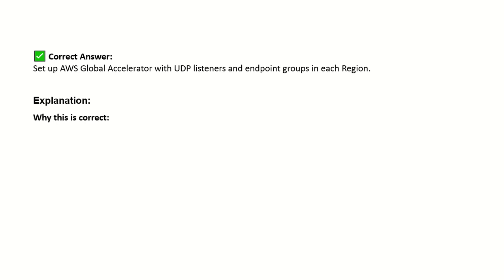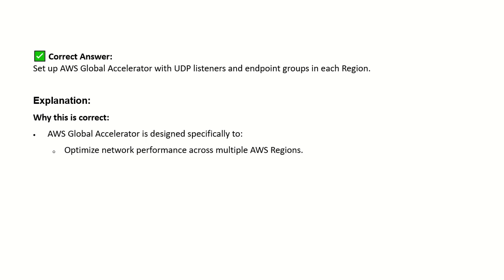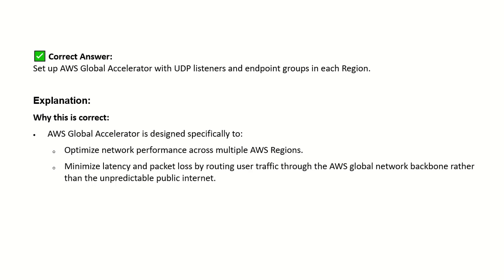So let's see why this is correct. As you know, AWS Global Accelerator is specifically designed to optimize network performance across multiple AWS regions, minimize the latency and packet loss by routing user traffic through AWS global network backbone rather than unpredictable public internet.